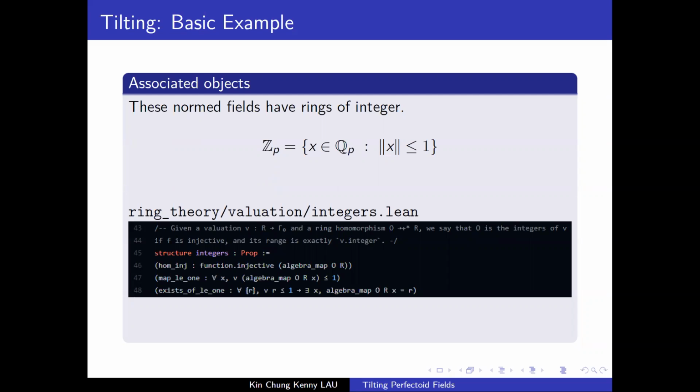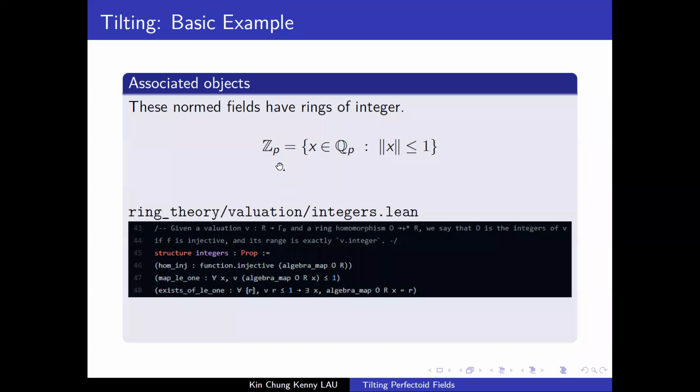Even though they are all isomorphic, if you have another definition of Z_p, it will always be isomorphic to this one, but they are not the same objects. This is a bit problematic if you want to work with different models of Z_p. For example, what if you made Z_p first and then defined Q_p to be the field of fractions of Z_p? In that case, Z_p will not be equal to this set, because this set will be a subtype of Q_p, but this Z_p will be an independent type in its own right.